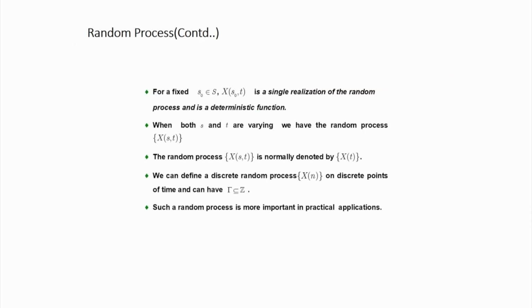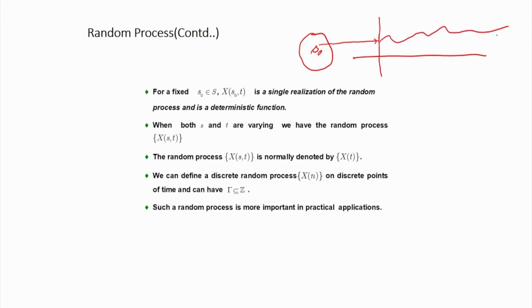Now, a random process is a mapping from the sample space to a waveform. If we consider a fixed sample point, and t is varying, then X(s0, t) is a single realization of the random process. Suppose this is some s0, it is mapped to some waveform like this.